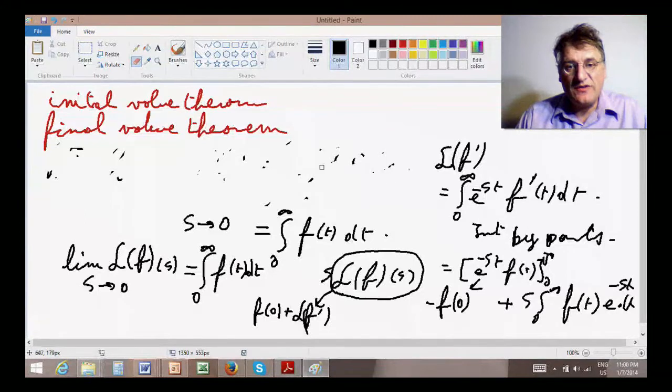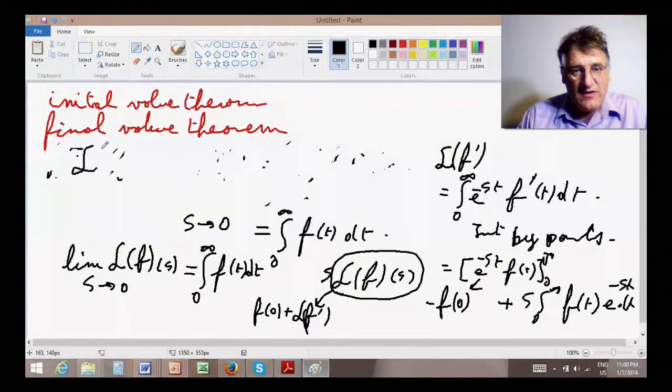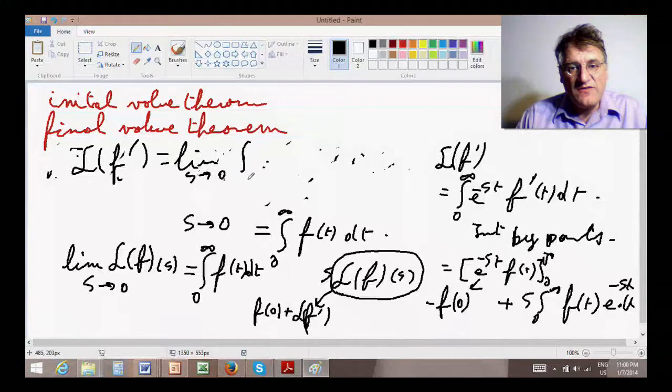When s tends towards 0, the Laplace transform of f prime is the limit when s tends towards 0 of the integral from 0 to infinity of e to the minus st f prime of t dt.